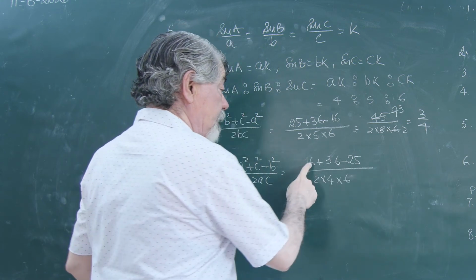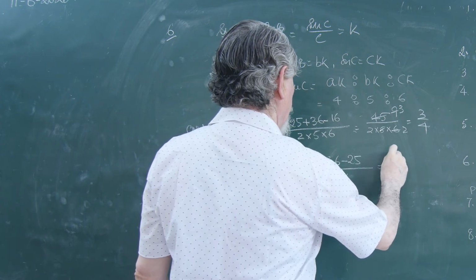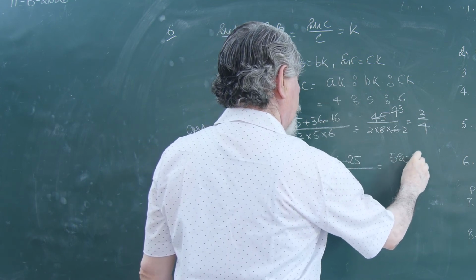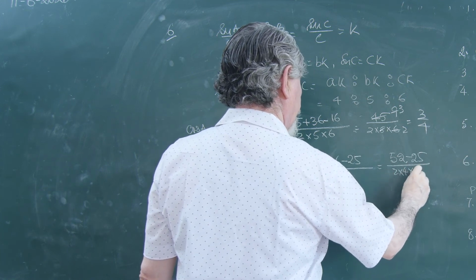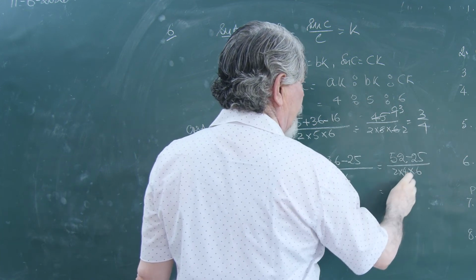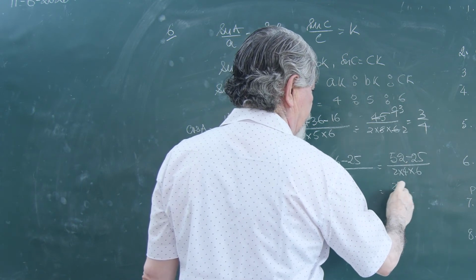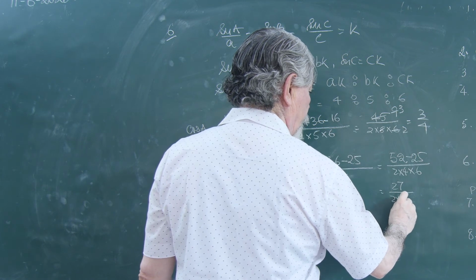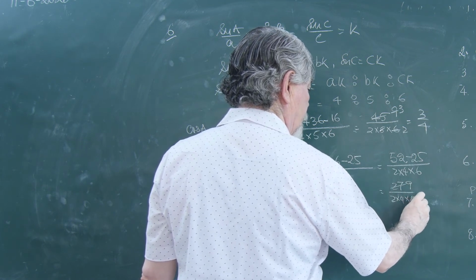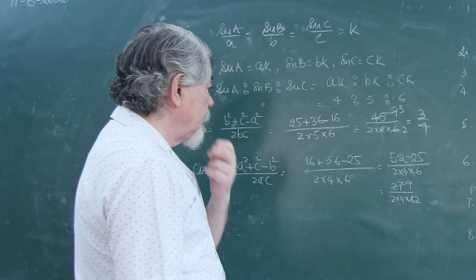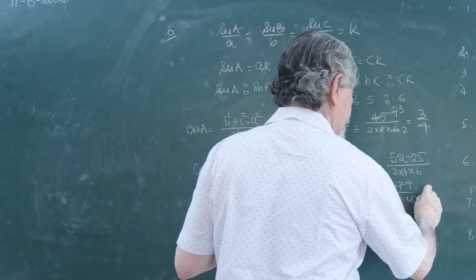It will be 16 plus 36, 52, minus 25, 27 upon 2 into 4 into 6. 3 9s are 27, 3 2s are 6, so 9 upon 16.